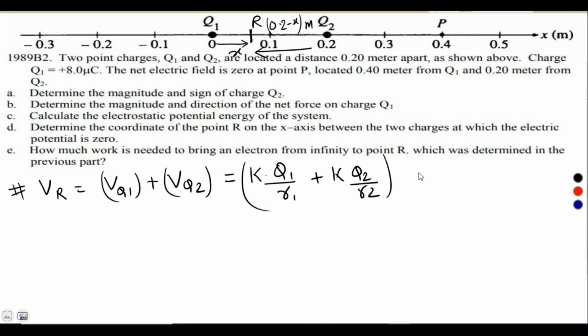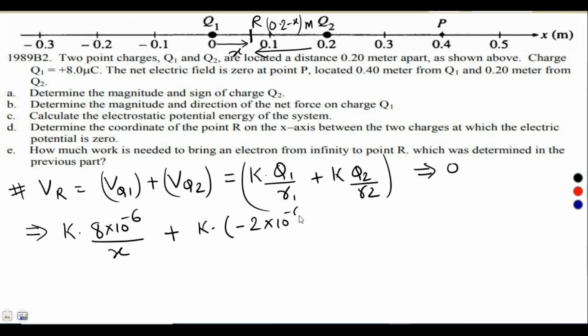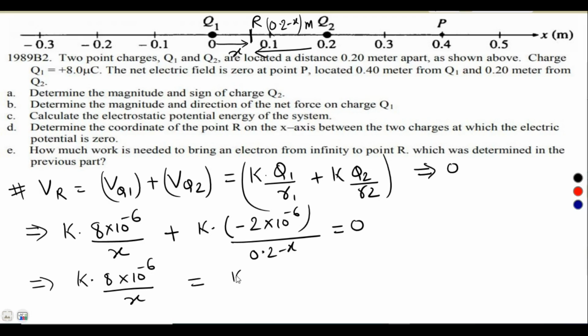Let us apply the values. So k q1 is 8 into 10 raised to power minus 6 coulomb upon r1 is x, plus k q2 is minus 2 into 10 raised to power minus 6 coulombs upon 0.2 minus x should be equal to 0. When we solve this, k 8 into 10 raised to power minus 6 divided by x is equal to k 2 into 10 raised to power minus 6 divided by 0.2 minus x.